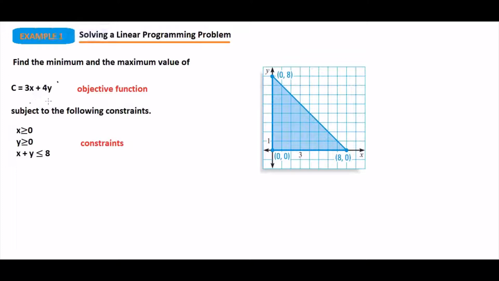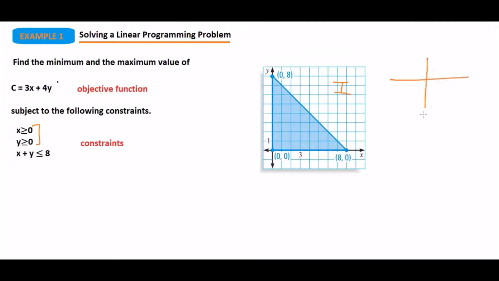This is our objective function, which is 3x plus 4y. And here are our constraints. We need to graph the constraints. So x is greater than or equal to 0 is the right side of the y-axis. And y is greater than or equal to 0 is above the x-axis. So the intersection of these 2 constraints is the first quadrant here.